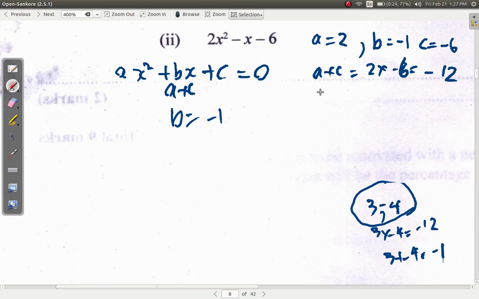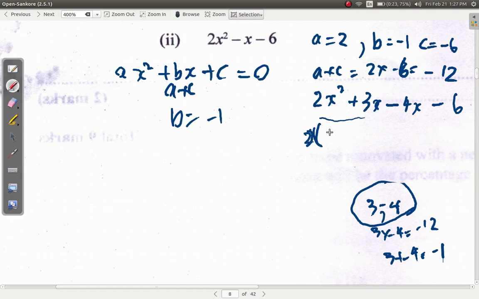Now, here you have 2x squared at one end, negative 6 at the other, but you're going to split the negative x into positive 3x and negative 4x, or it could have been negative 4x first and positive 3x after. It doesn't really matter. You're going to factorize these two items. So you have x outside the bracket.